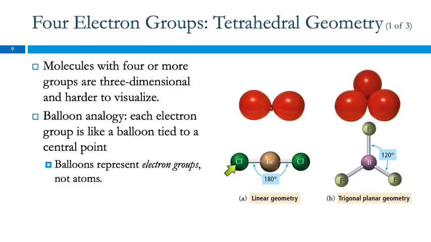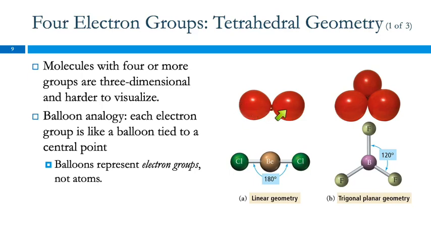So here's 2 groups, here's 3 groups, and here's the balloons. The balloons can help us understand and visualize what's going on with the repulsion here. These two are easy because they're in a plane, and so we draw them on the screen, and they're not really confusing at all. When things get three-dimensional, then your eyes start playing tricks on you, and you're not sure what you're seeing.